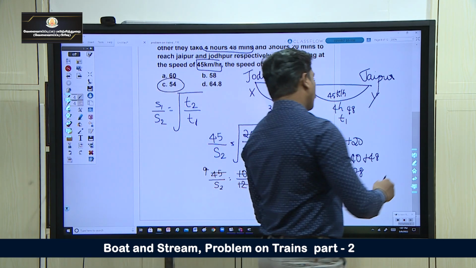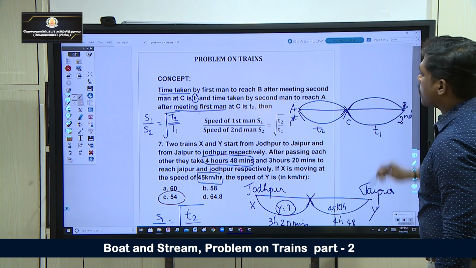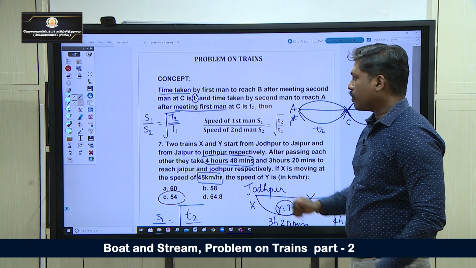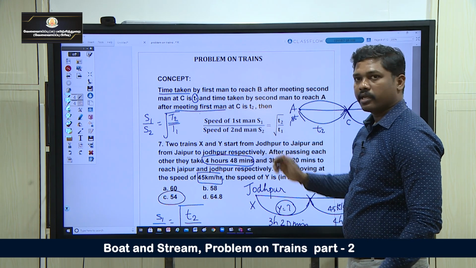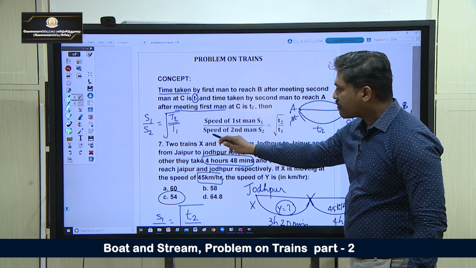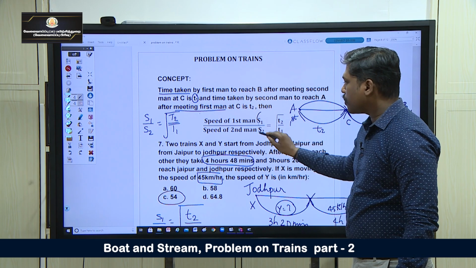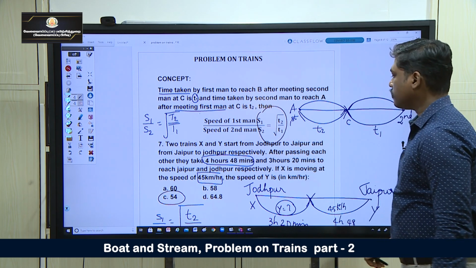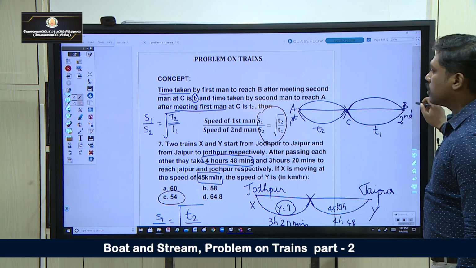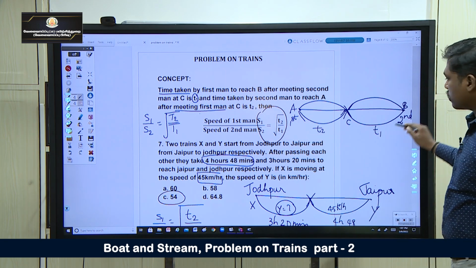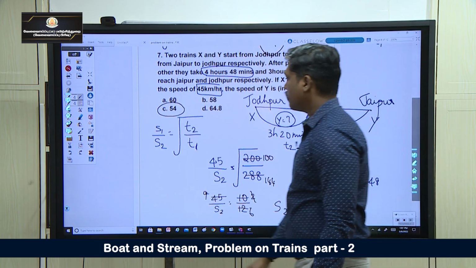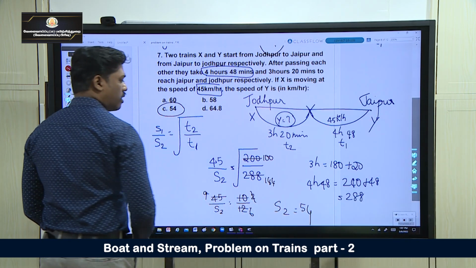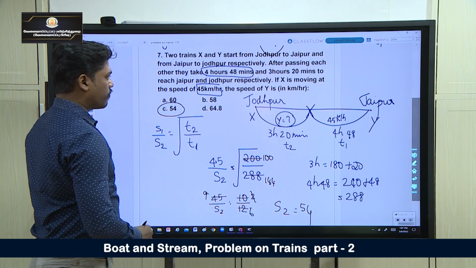So look at this formula here: speed of first man S1 divided by speed of second man S2 is equal to square root of T2 by T1. So this is like direct substitution of formulas here. Okay guys, thank you.